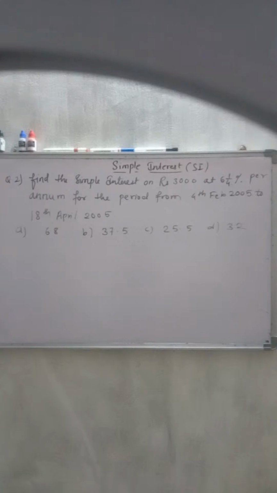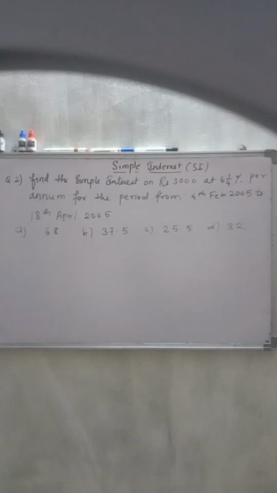So the question is find the simple interest on rupees 3,000 at 6 1/4% per annum for the period from 4th Feb 2005 to 18th April 2005. So let's find out the given data.